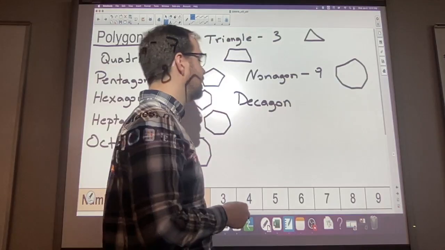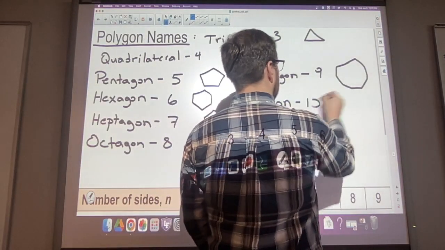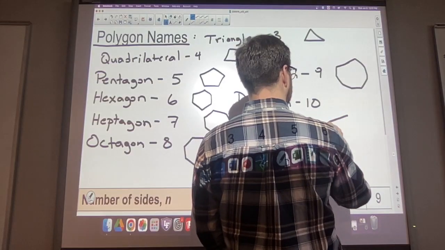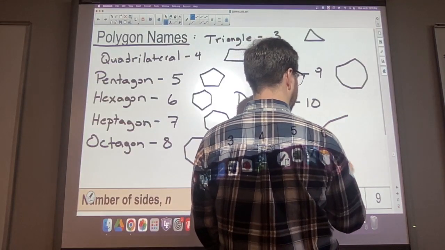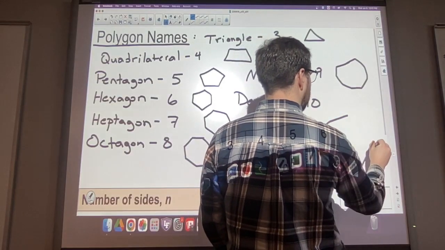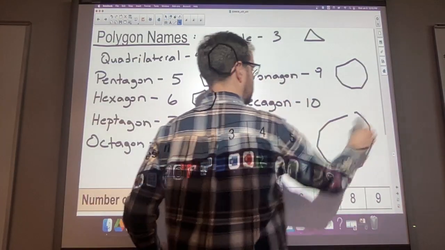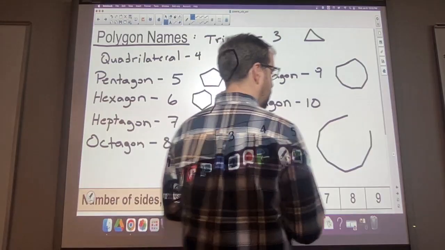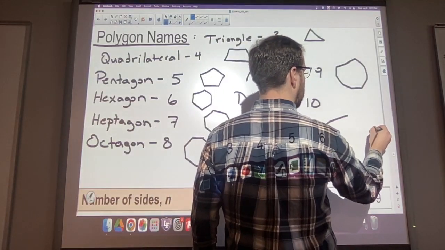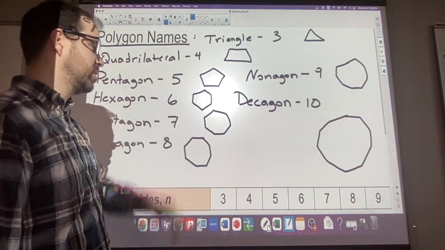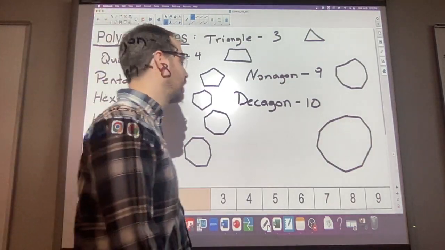Decagon is 10 sides. I'll draw it bigger so I don't mess this up. I think that's 10. All right, doesn't look very good, but 10 sides.